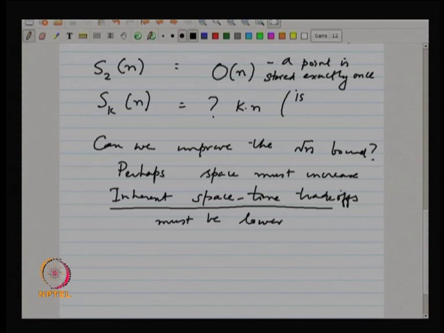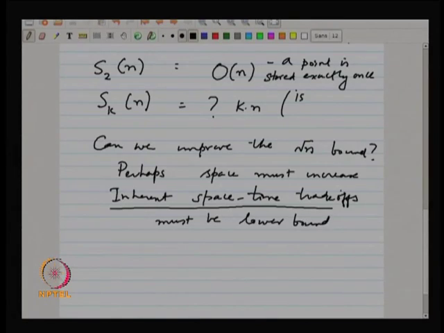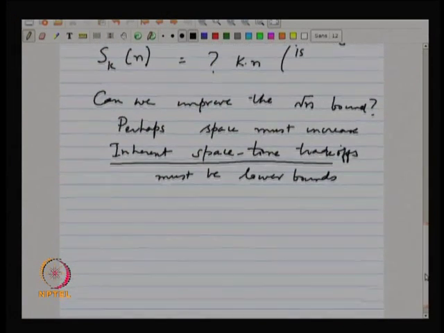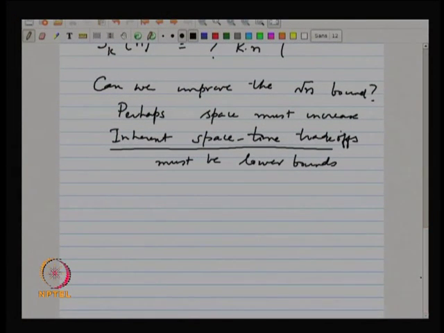Only then you can claim that if I use less than 5 times n space, my query time will be at least so much. These are rather hard, but there are some really very deep and beautiful results, which we are not going to get into, but I will probably mention on the way what kind of bounds are known.